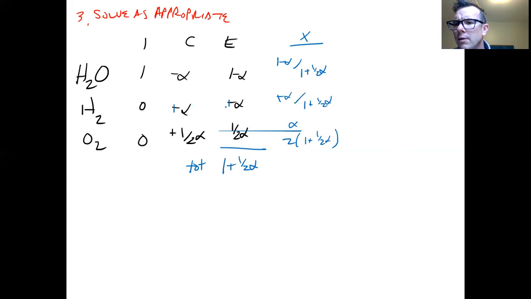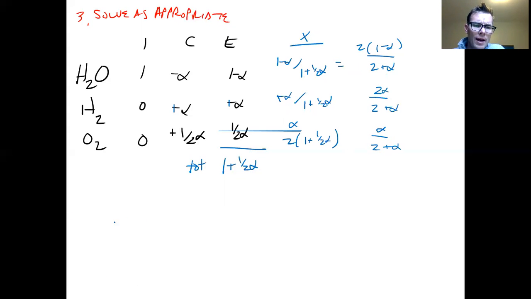For reasons which I hope become clear in a second, I'm going to write this in a slightly different form. I don't like this 1/2 alpha here. So I can write this equivalently as 1 minus alpha over 2 plus alpha. Basically, I multiply the numerator and denominator by 2. This is 2 alpha over 2 plus alpha. And this is alpha over 2 plus alpha.